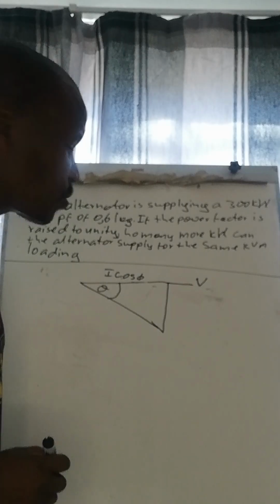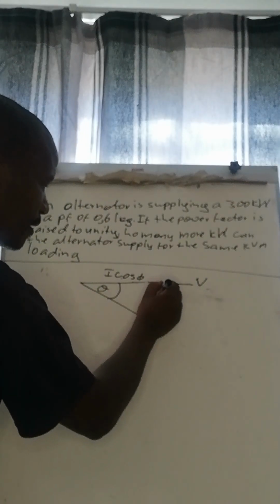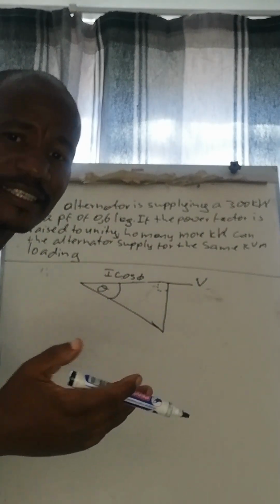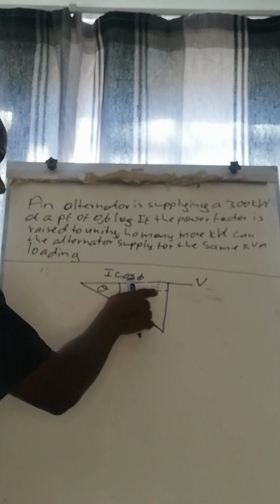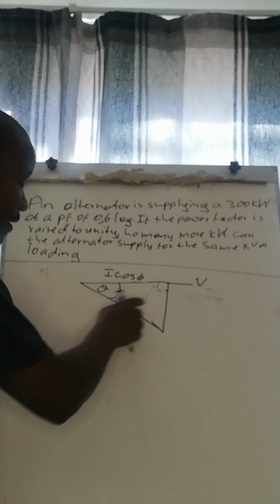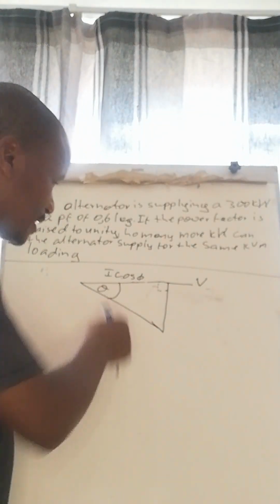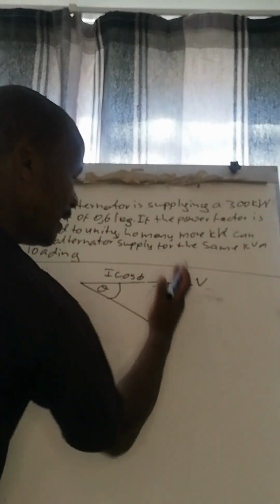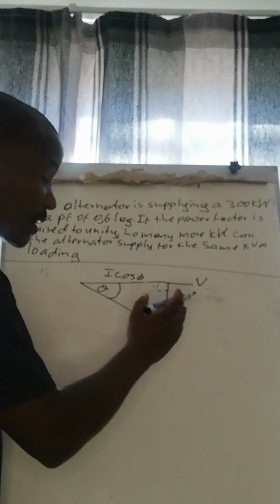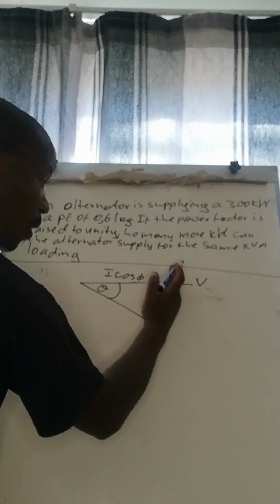The active component of current here, as you will know already, it's general knowledge, it is 90 degrees. Why? It is opposite to a line, called the Pythagoras theorem. This is a right angle triangle.